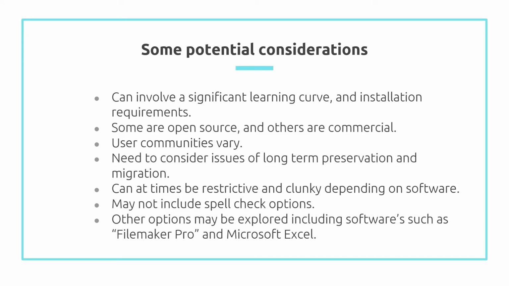I would also say that you maybe need to consider issues of long-term preservation and migration. This is one point I'd really want to emphasize. I would always be a bit wary about putting all your eggs in one basket, and be aware that the more information you put into a system, the more dependent you can become on that system.